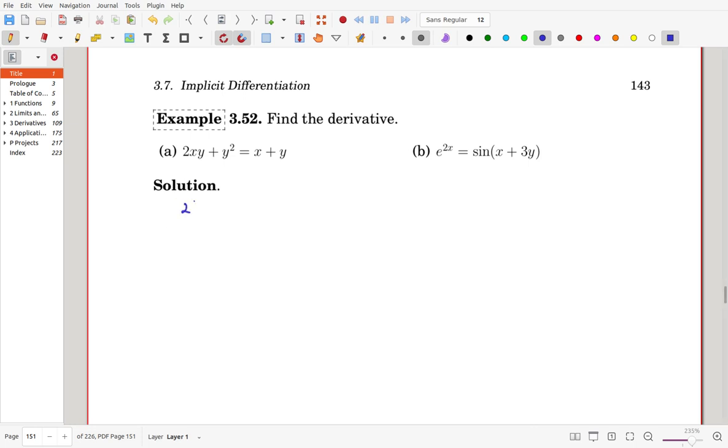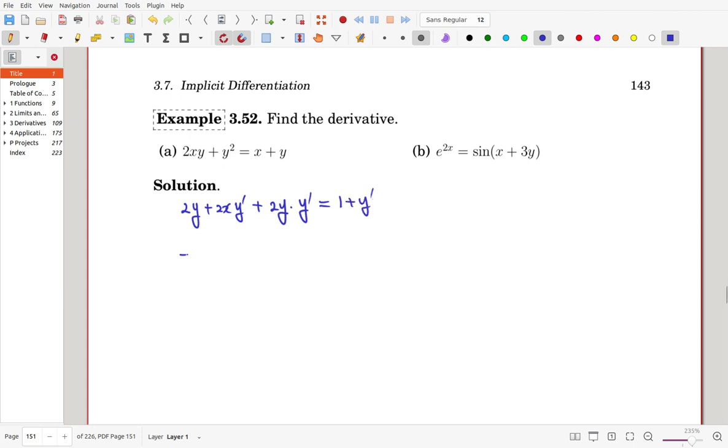For the term 2xy, we take the derivative of 2x, giving 2 and y, plus 2x times the x derivative of y, which is y prime. Plus, for y squared, we have 2y times the x derivative of y. And on the right side, the x derivative will be 1 plus y prime.